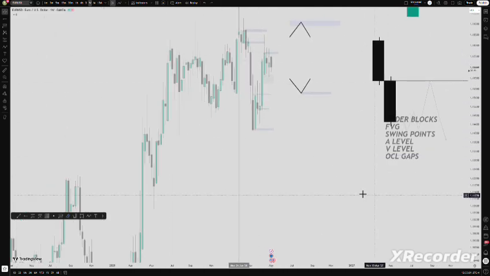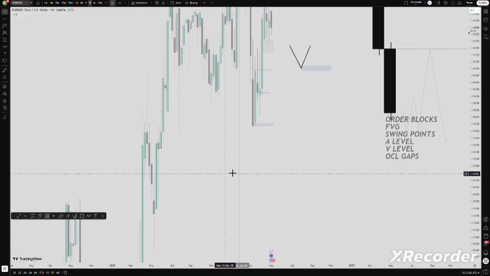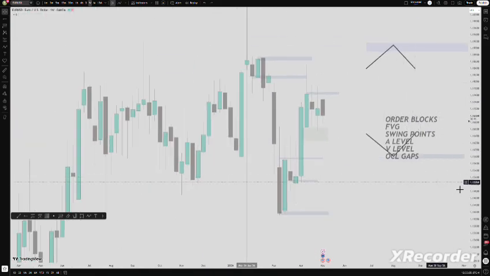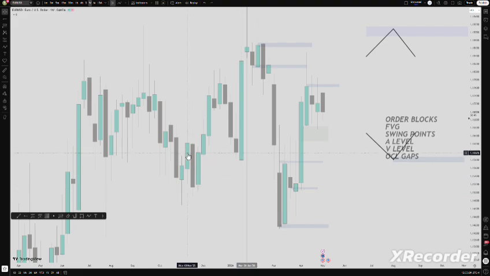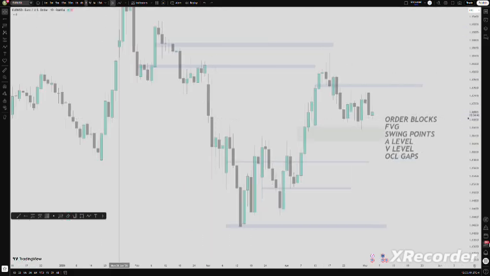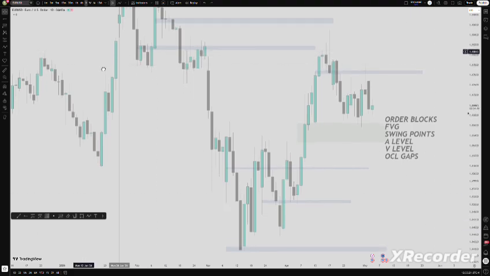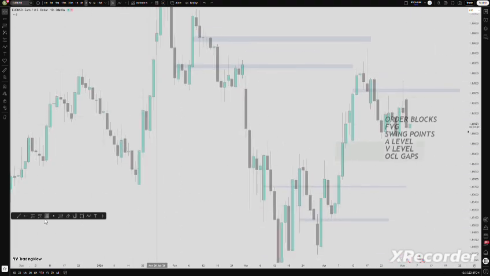Let's do it from over here. Now what do we have? Well, let's drop down to the daily. Usually you see more open close gaps in the daily, basically because there are more candles.